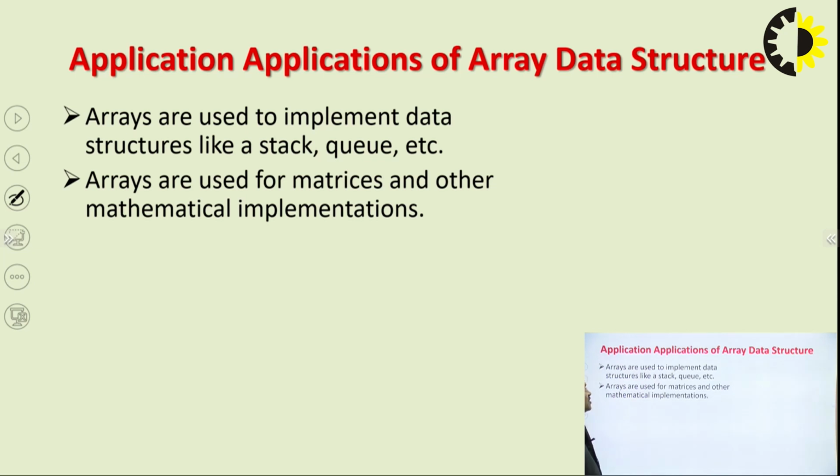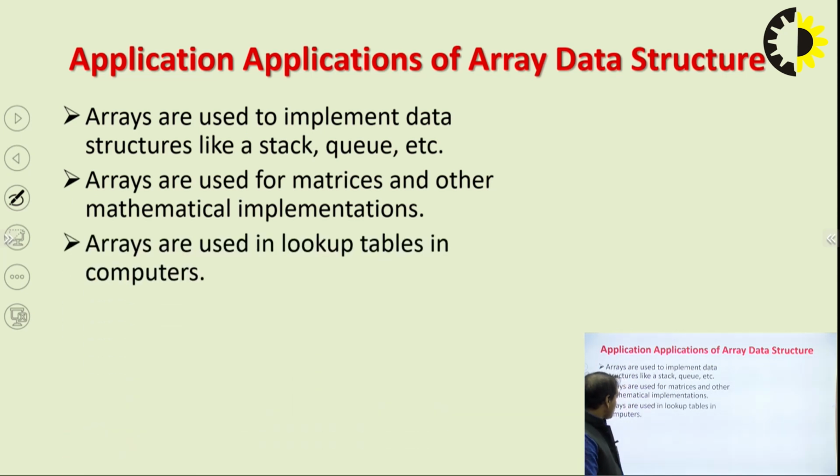Next, arrays are used for matrix and other mathematical implementations. In matrix operations like multiplication, addition and subtraction, we use arrays. Next, arrays are used in lookup tables in a computer. This is very fast memory. The lookup table contains the most recently used data, that means the data that is mostly used.